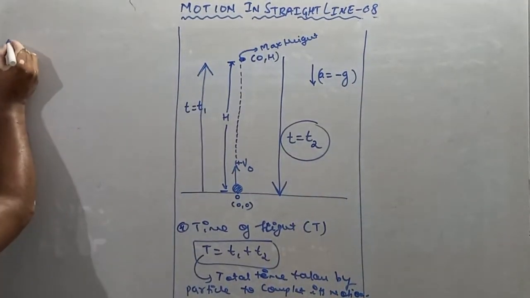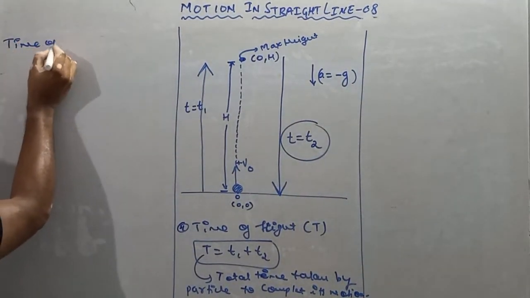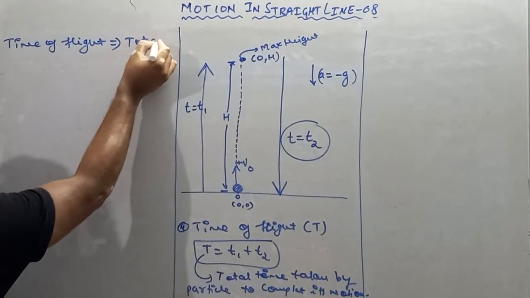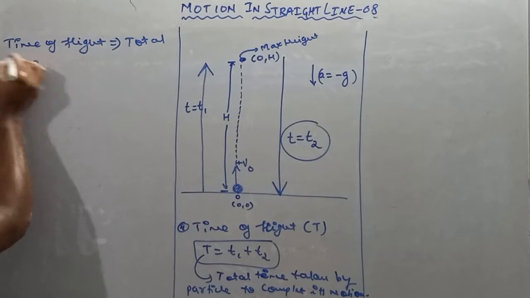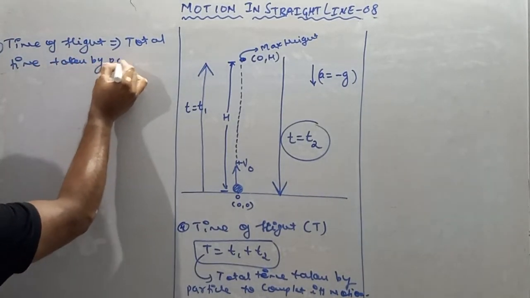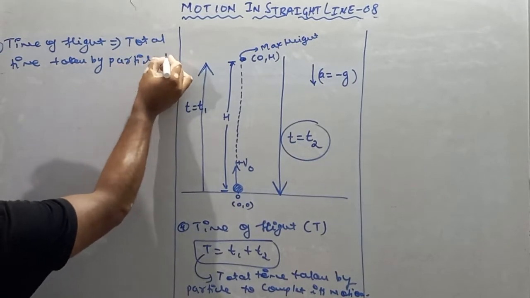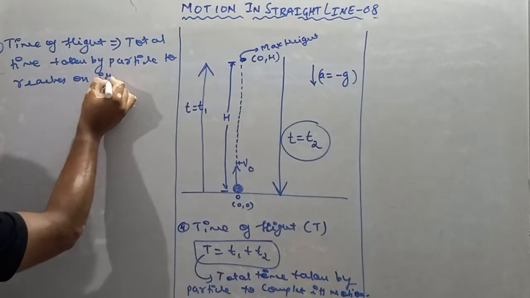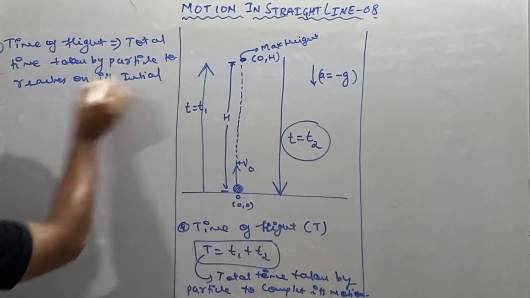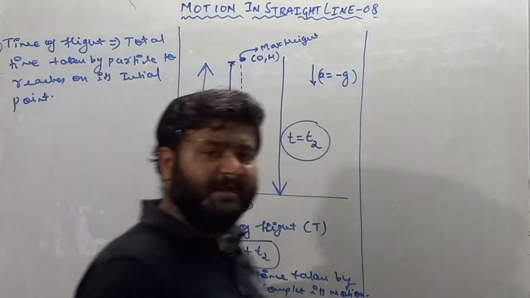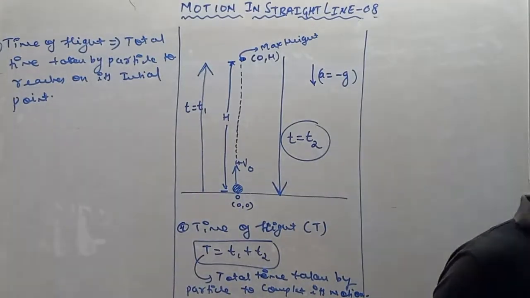I'll write here, time of flight. Time of flight is total time taken by the particle to reach its initial point. This is called time of flight.